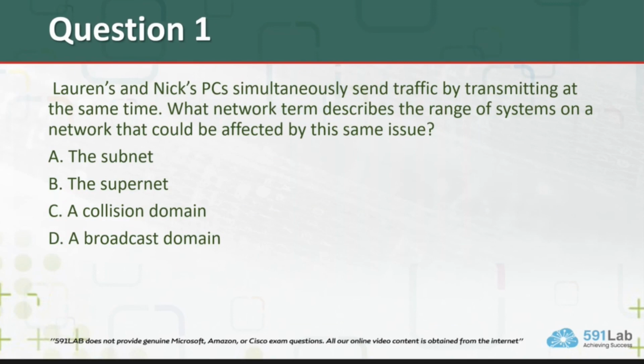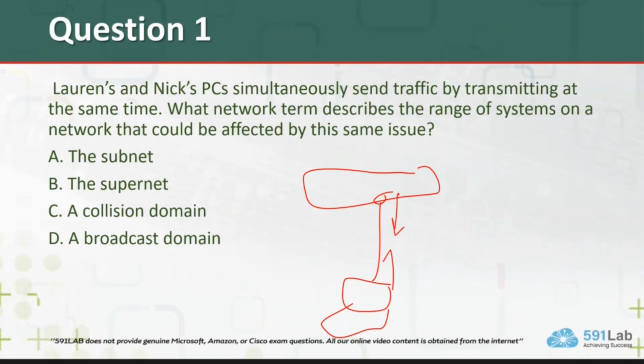So the answer for this one is actually collision domain. Collision is when, let's say, a user is connected, for example, to a switch port, and the user receives data and sends data at the same time on a duplex connection. This is where the collision can happen, requiring both entities to retransmit the data another time.